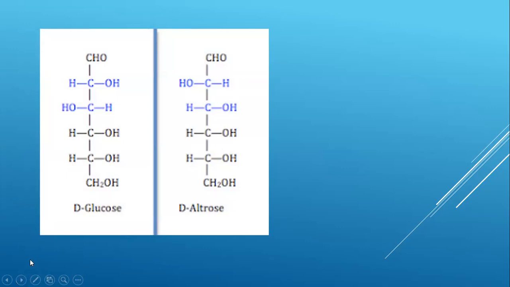Now, this is another type of stereoisomerism. This is called diastereoisomerism. You see, they are almost the same, but they are not mirror images of each other. You see, there are 2. Look at these 2 and look at this.